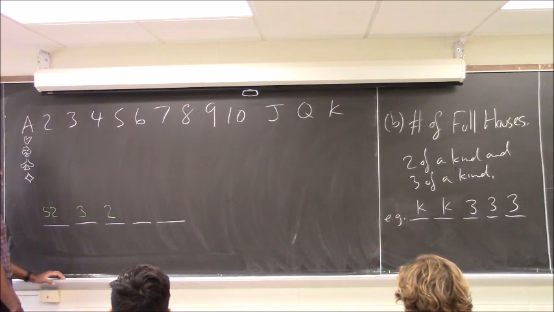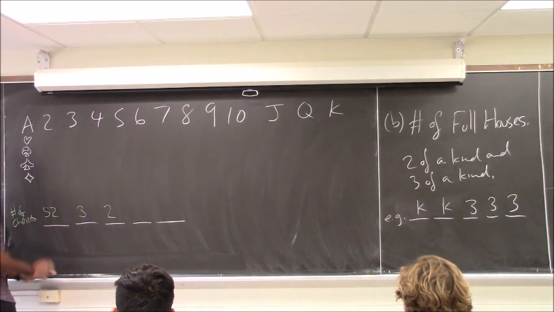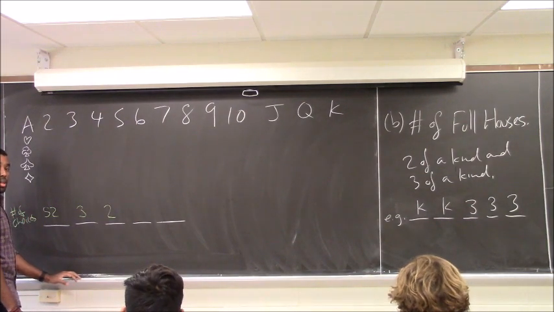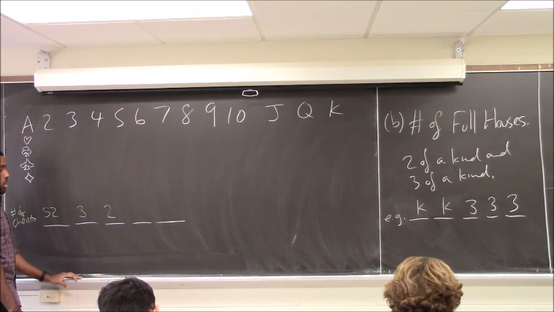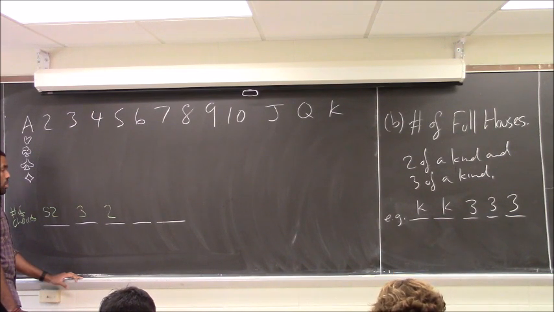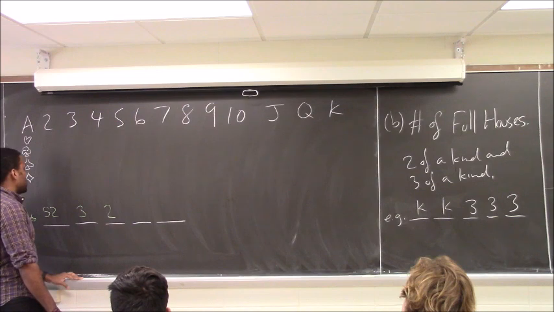Okay, and then what? By the way, we're counting number of choices here. And then there are 47 cards you can choose from. How many did we have before? 52.